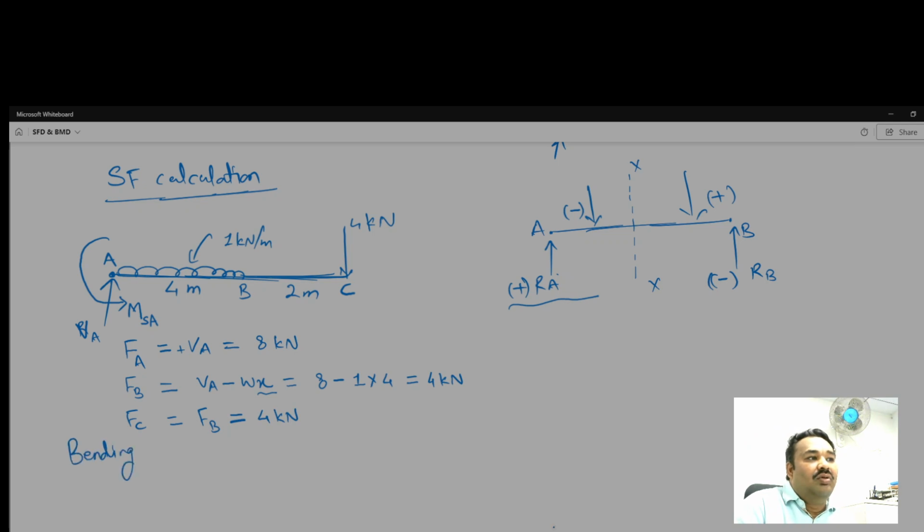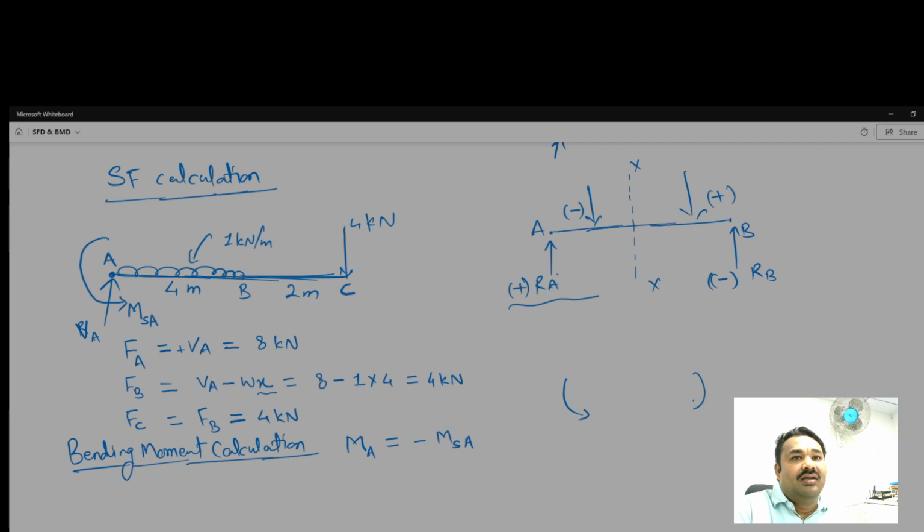Bending moment calculation. Let us denote by MA the bending moment at A. So MA is equal to minus MSA; as per the sign convention, we take it negative. Here is the beam, and the imaginary cut is here, so left side and right side both.